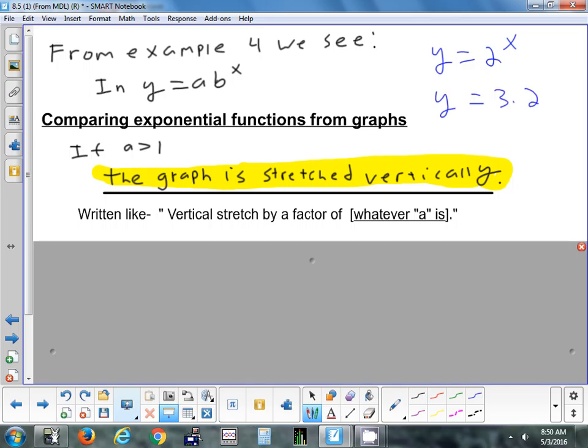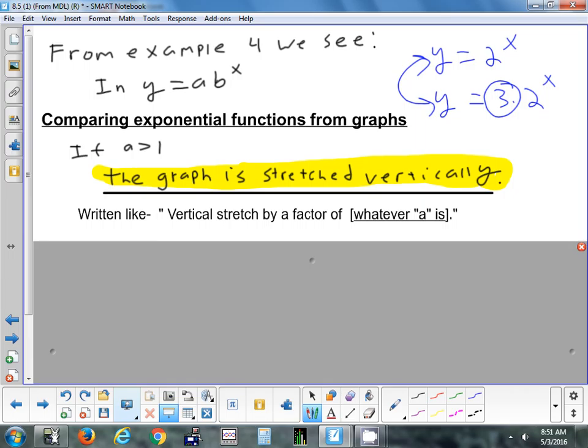Y equals 3 times 2 to the x. If this was on the test and I asked you to compare these two graphs, this 3, it's bigger than 1, right? So it's stretched vertically by a factor of 3. That's how you would compare these two graphs. That's what you write, guys. You just write vertical stretch by a factor of 3. That would be your answer.